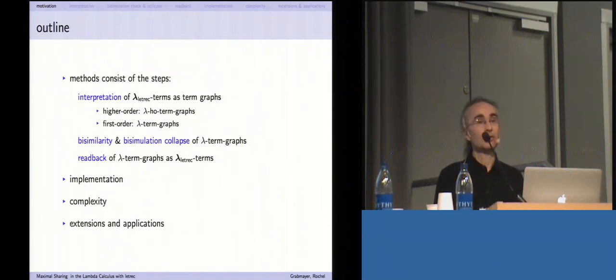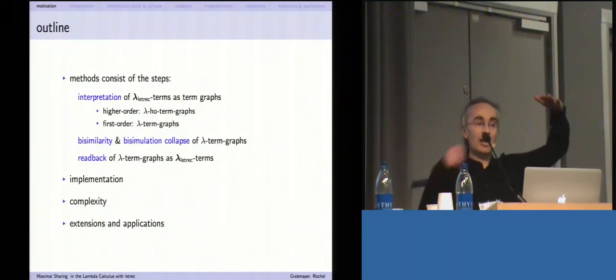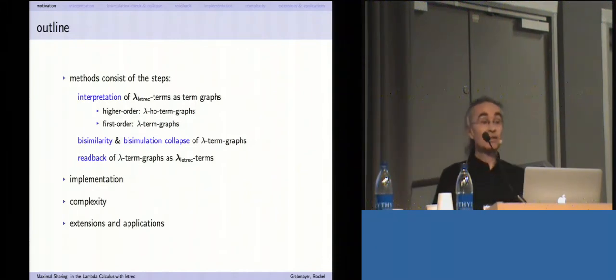Our methods consist basically of three steps. The first step is an interpretation of Lambda letrec terms into term graphs, higher order ones first and then first order ones. The second step is basically the application of a standard method, namely bisimilarity and bisimulation collapse of term graphs, and the term graphs that we will consider are an instantiation of those.